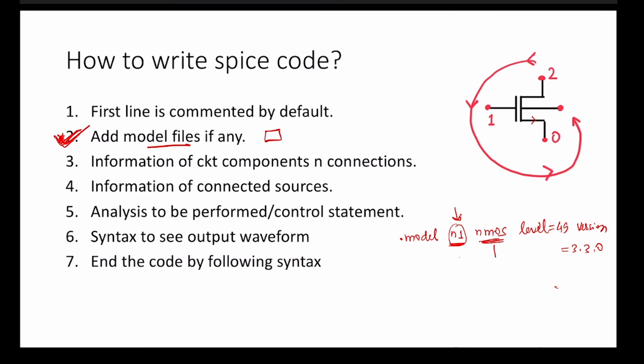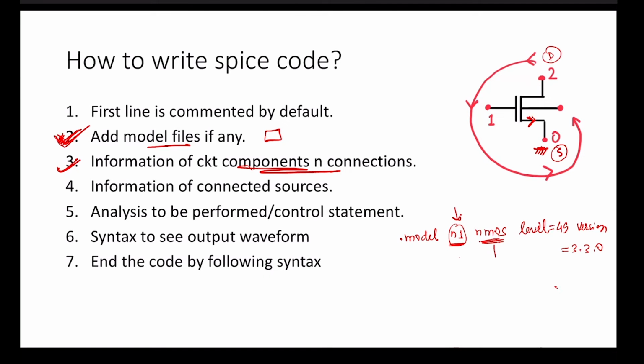Okay, so next is information of the circuit component. Here, if I have an NMOS, there is a way. Suppose this is at lower potential. I'm calling it, suppose this is on ground. So this will become the source and this will become the drain, isn't it?